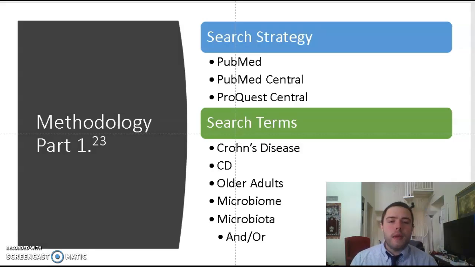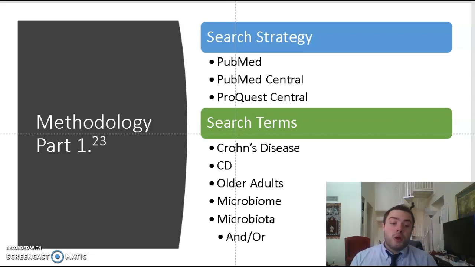Part 1 of the methodology goes over the search strategy. The search strategy used for this study included Boolean phrases and other phrases that helped in providing comprehensive findings of different studies and different study designs that met the research question.